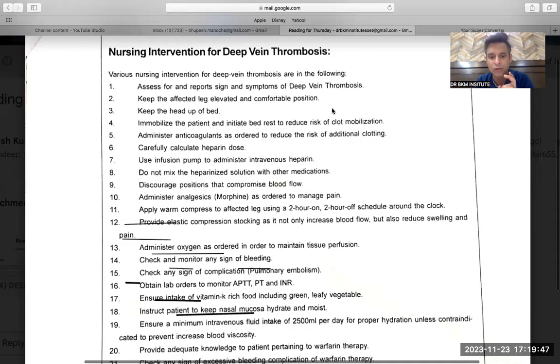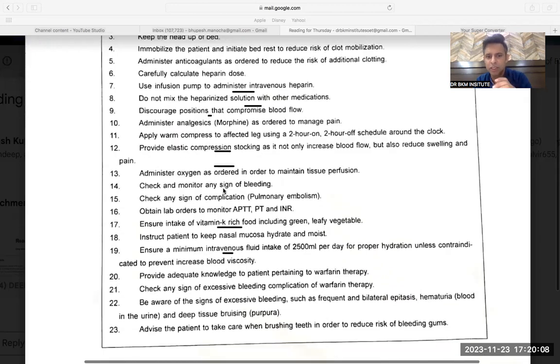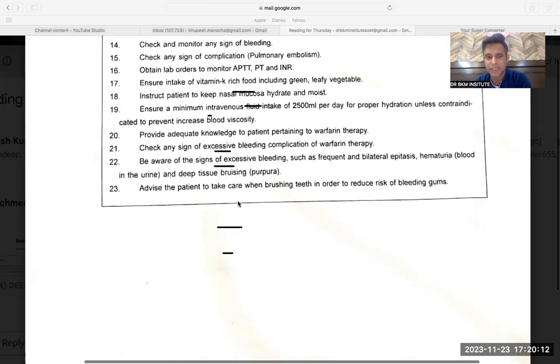So I will read a couple of points to understand what the interventions are. It says assess for the report, signs and symptoms, keep elevated. So this looks like the precautions for deep vein thrombosis. Carefully heparin dose, this and this, provide elastic compression, oxygen. So all these points are given in this. So this is talking about the various management, and the last one is talking about the medication.